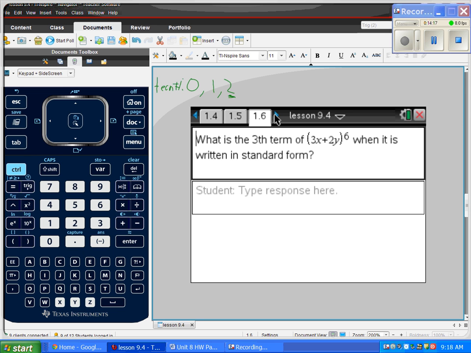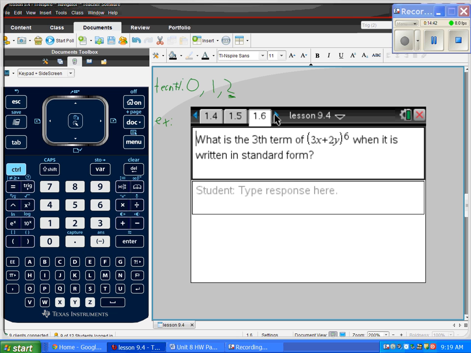Now, the other question you have to ask yourself is what exponent will the first one have? We're just going to determine which one we need, and we're only going to do one. So what exponent is the 0 term, the first term, going to have on the x?